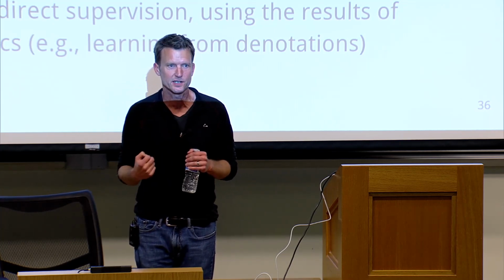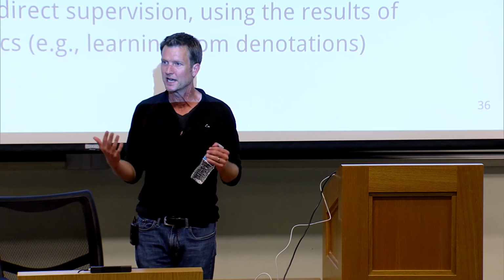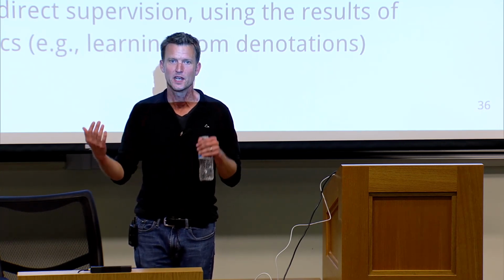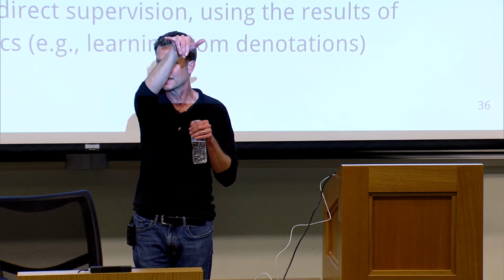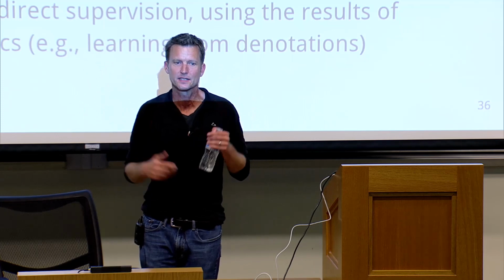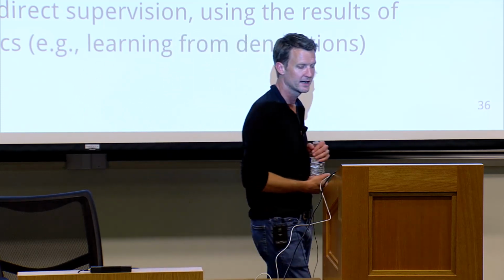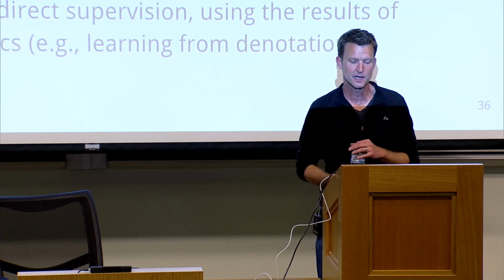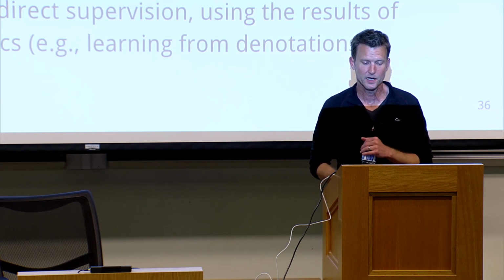It's much easier to get ordinary human annotators to produce the answers, like Juneau. And so if we can have training data that says, what's the capital of the largest state? Juneau. If we can figure out a way to learn from that kind of data, we'll be able to get lots more data and the benefit of learning from that data. So that's the idea of learning from denotations.